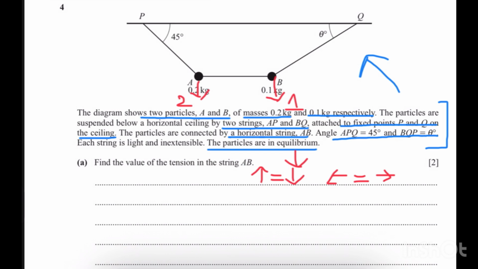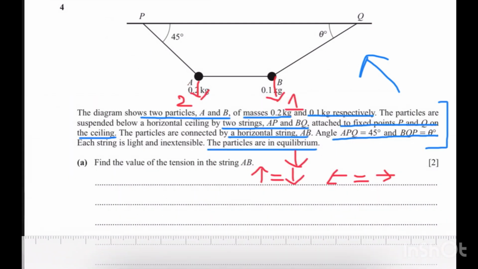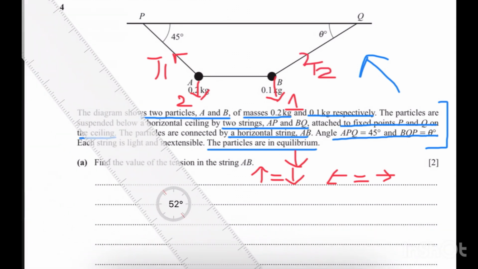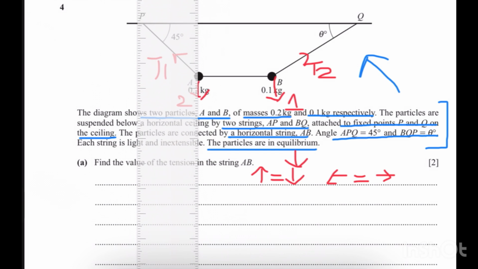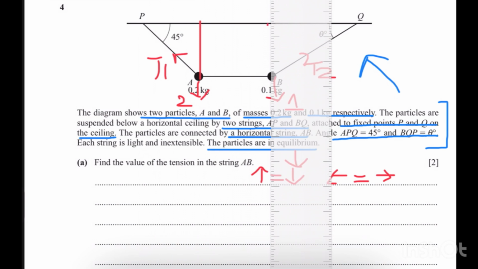Other than that, we have two strings, this AP and this BQ over here. So for that, we will need to resolve those. Since the weight is pulling it downwards, the direction of the tension must be like this. I will call the tension in string AP as T1 and the tension in BQ as T2. But these need to be resolved as they have two components. So make them into a triangle.